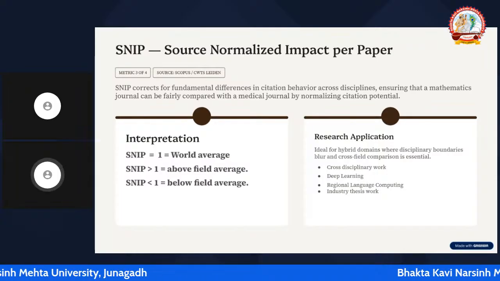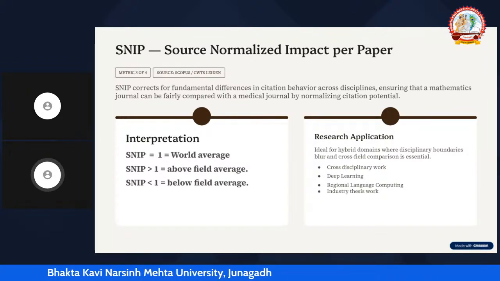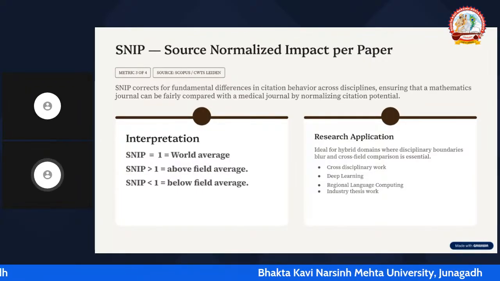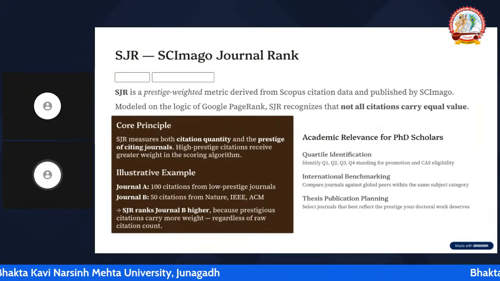If the Source Normalized Impact per Paper is one, that is the world average. You can consider it as an average citation, average journal. If SNIP is greater than one, that is above the field average, and below one, we are not considering. Next metric is SCImago or SkyMago.